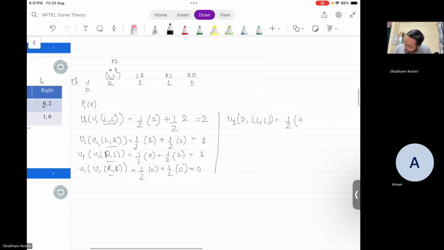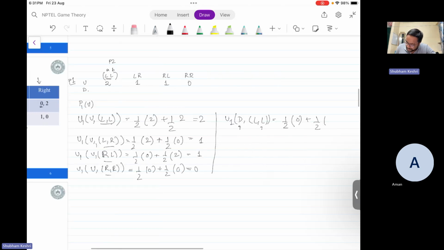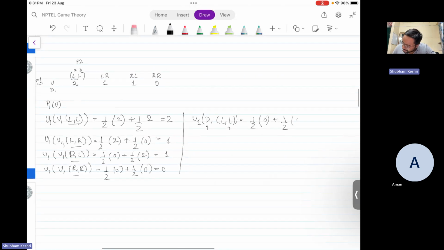Plus half when he is playing down and player 2 of type B is playing left, he will get a utility of 0. Therefore, this utility will be 0.